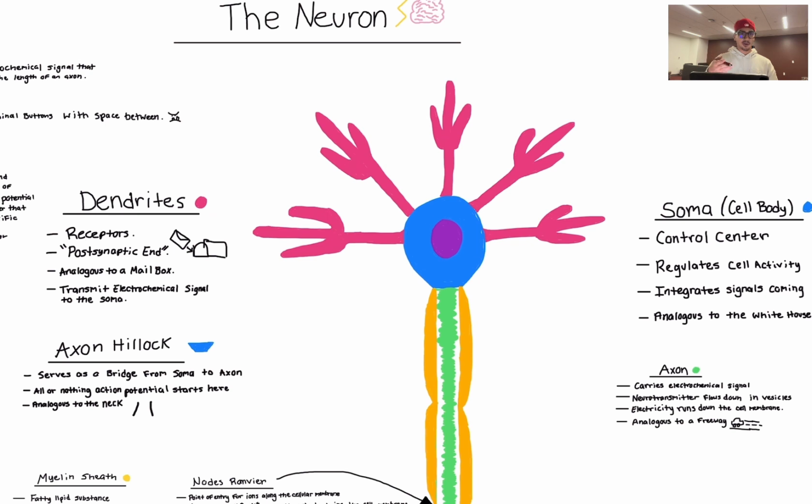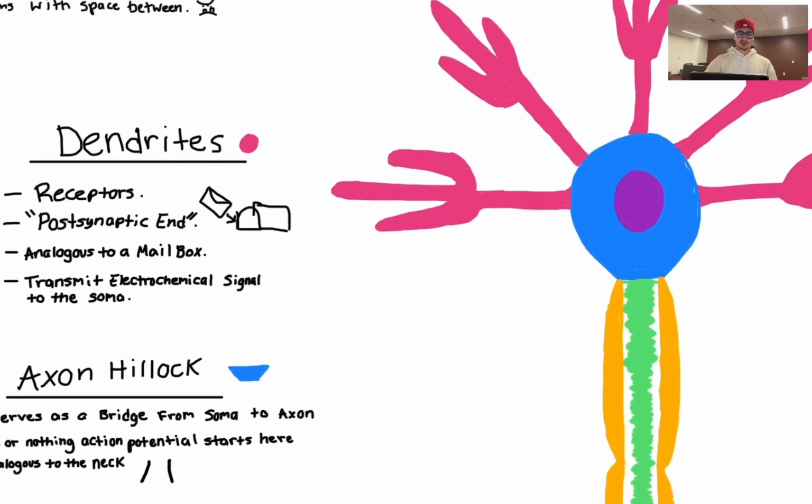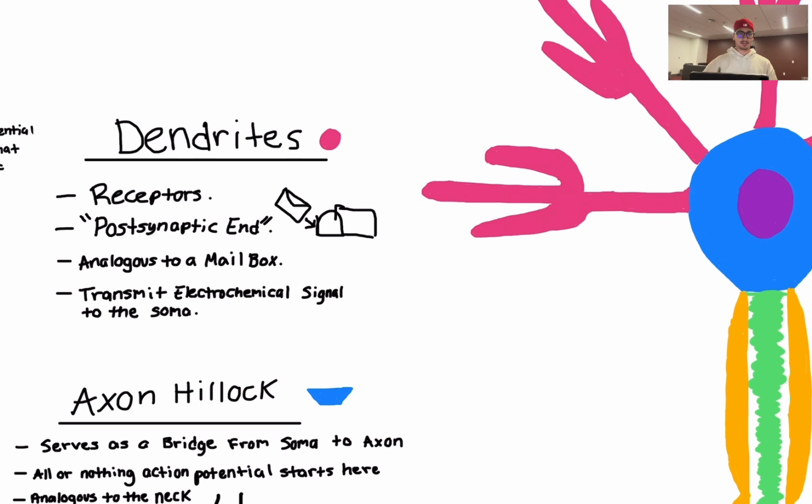Some neurons have more dendrites, such as Purkinje cells, and others have fewer. So the structure of these dendrites is very elaborate, and it makes sense both functionally and for structural purposes as well.